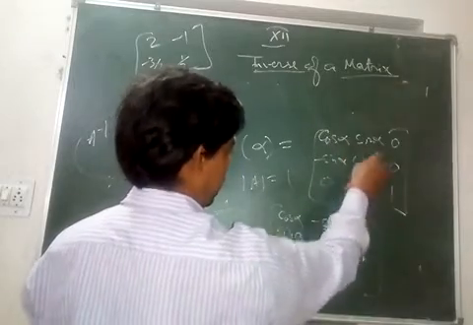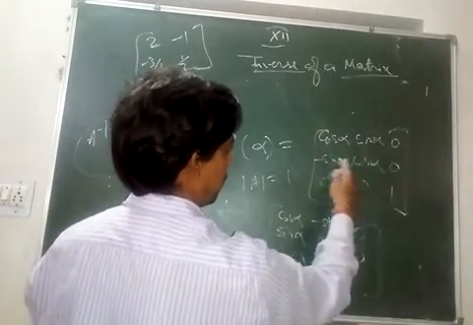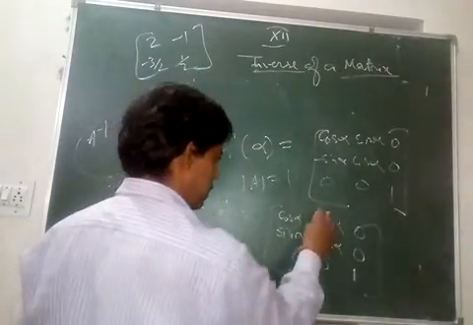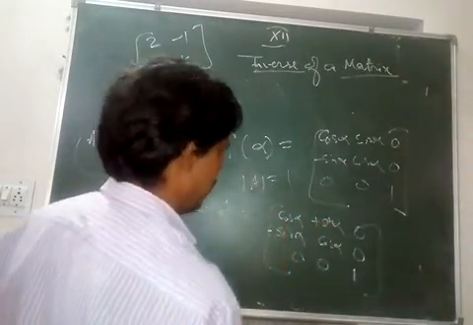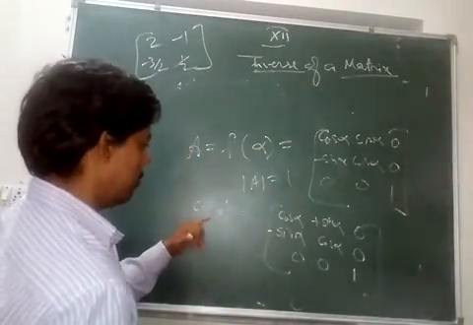For this one, 0, 0, and for this one, it is cos square alpha plus sin square alpha, 1. Very simple. Now change their sign. This becomes plus, this becomes minus. And this is our cofactor A.